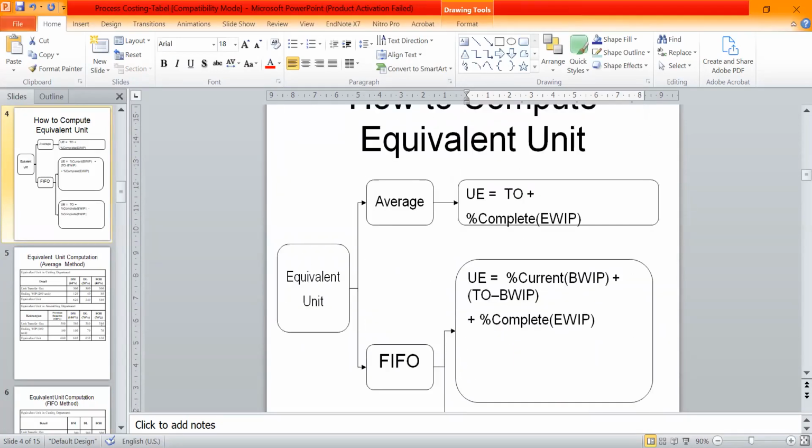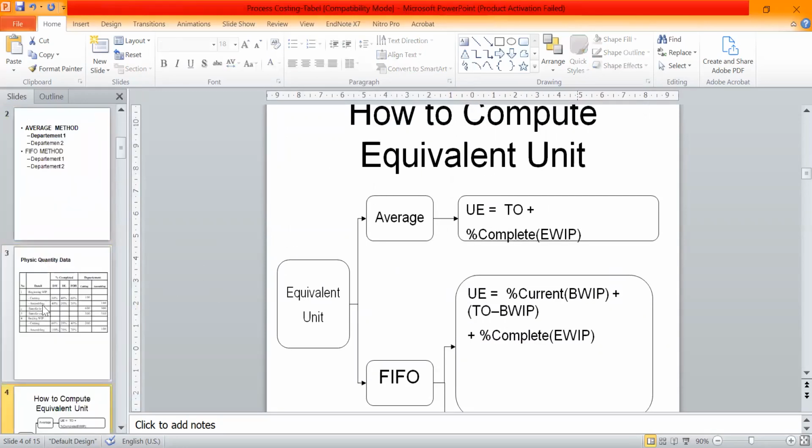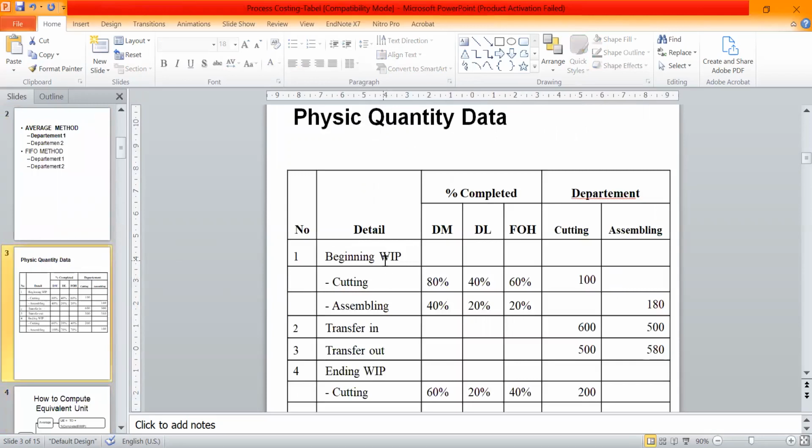That is the formula to compute the equivalent unit. Don't worry, you just need to remember the exact formula to compute it, and then just enter the numbers that are already given by the case problem.